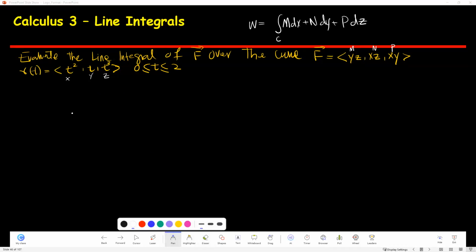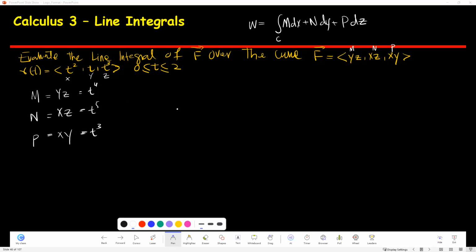Alrighty. So we're going to say M and P, I already told you what is what: yz, xz, xy. So I'm going to substitute the values. It's going to be t^4, t^5, t^3. If I substitute these values, x and y become t^3.